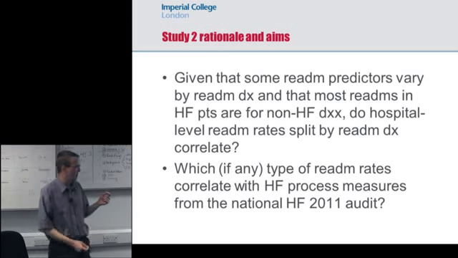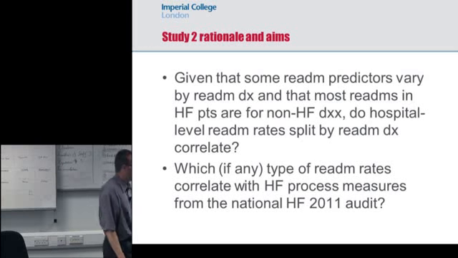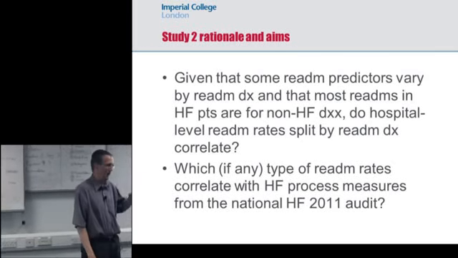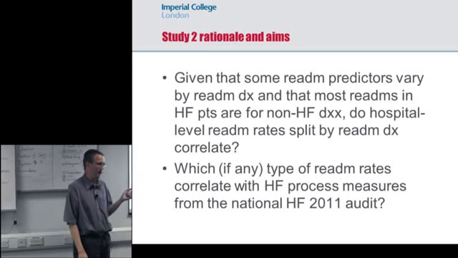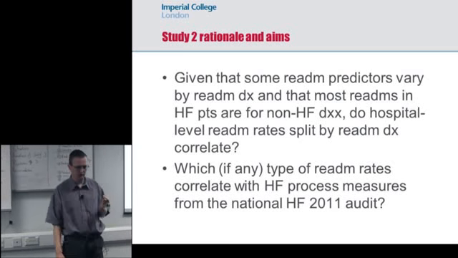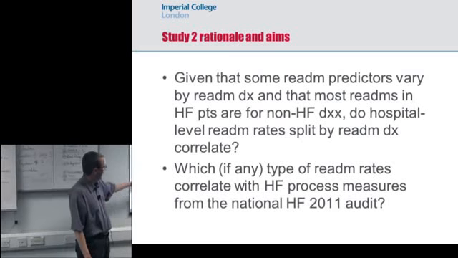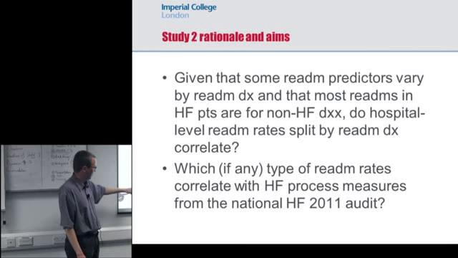So do the hospitals with high readmission rates for heart failure also have high readmission rates for other conditions, or is there nothing at all? And which of those two kinds of readmission rates correlates with the process measures from the audit?